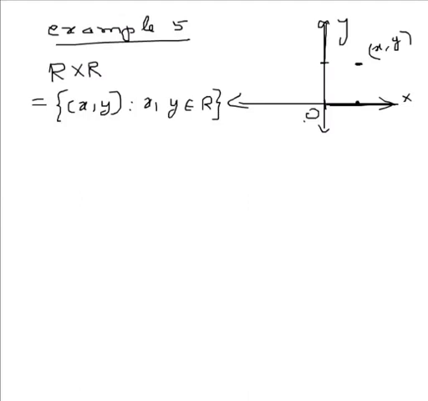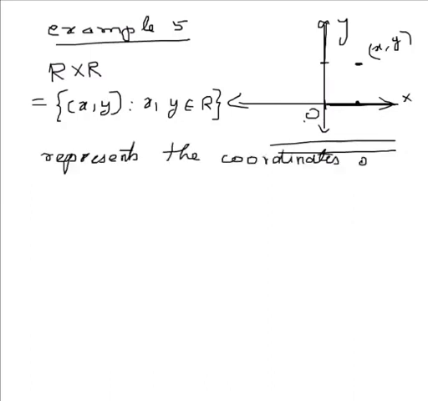I get coordinates of all points in this Cartesian plane. So let us write the answer. This represents the coordinates of all points in two-dimensional space, or in Cartesian plane we can say.